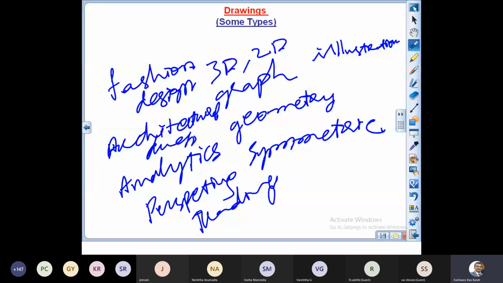Can you differentiate these between the freehand drawing and the constraint drawing? Some we can, some we can't. 3D, 2D, graph, geometry, symmetric are constraint drawings, sir.